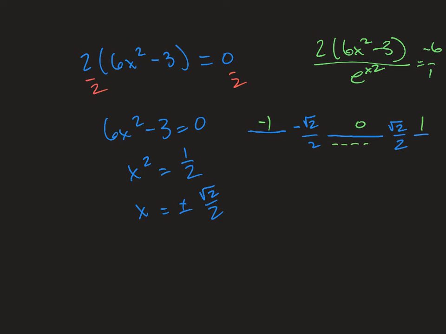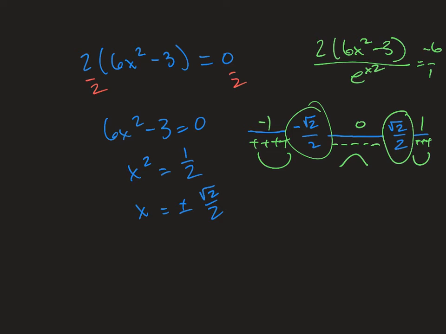It's concave down. And when I plug a 1 in here, I get 6 minus 3, so I get positive 3 over e. That is positive, so that's concave up. So this guy's an inflection point. When I plug a negative 1 in, it doesn't affect it because I'm squaring it. So those are also positive, so that's concave up. So both of these guys are inflection points.